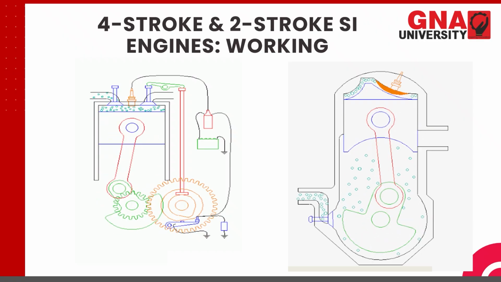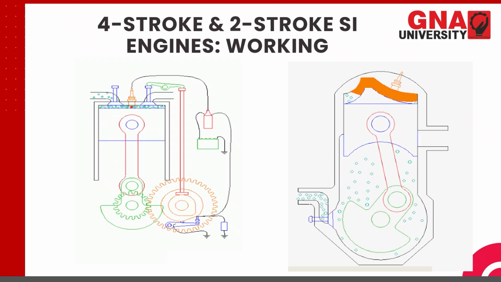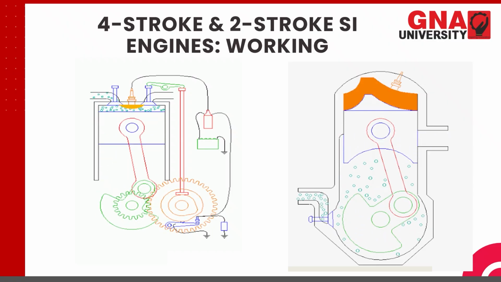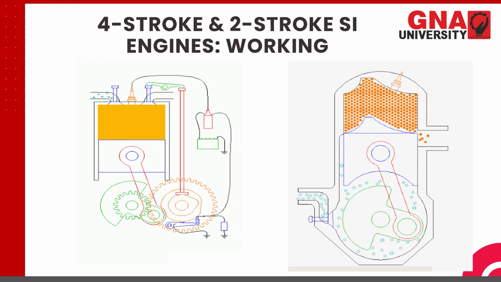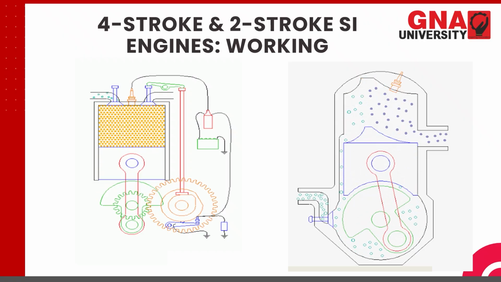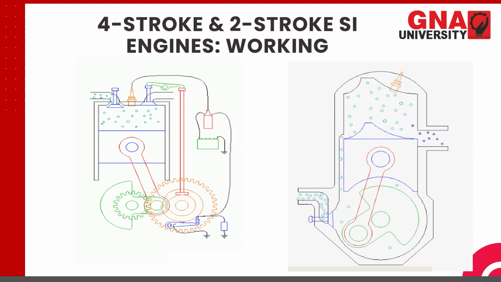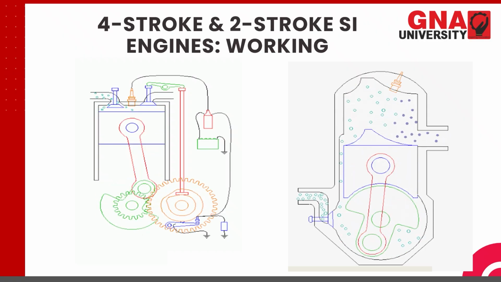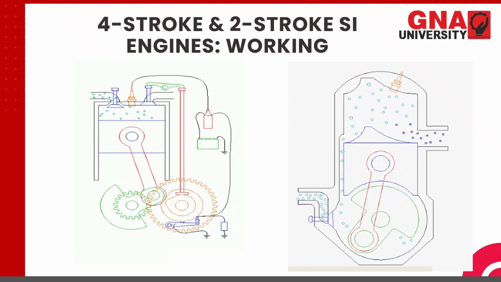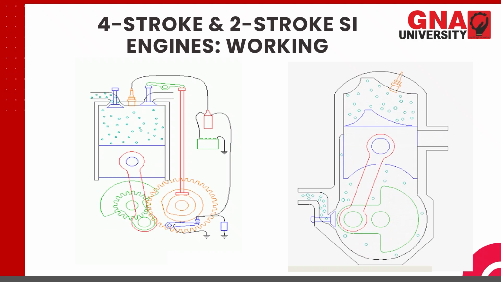And when the expansion takes place, this charge, black dots, you can see moving out of this exhaust port. So here we are having exhaust port, transfer port, and this valve, which is called the reed valve. All this inside this engine, the suction is taking place in the crankcase only.